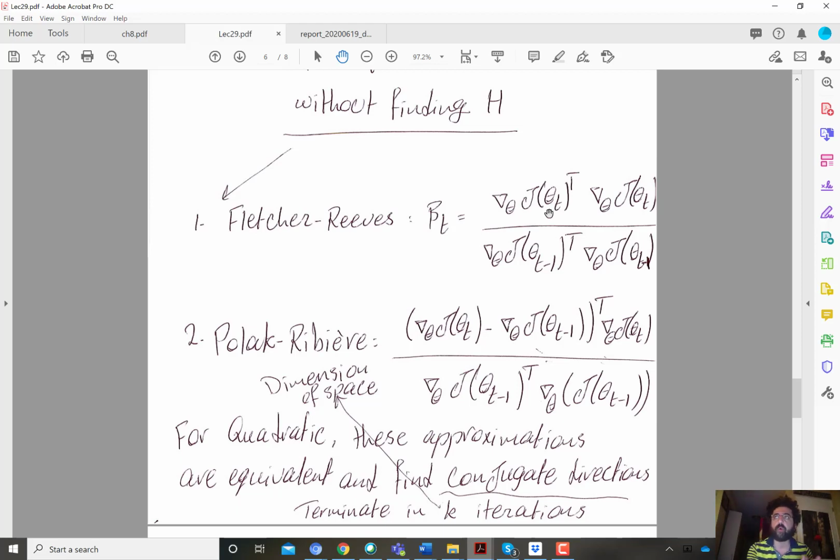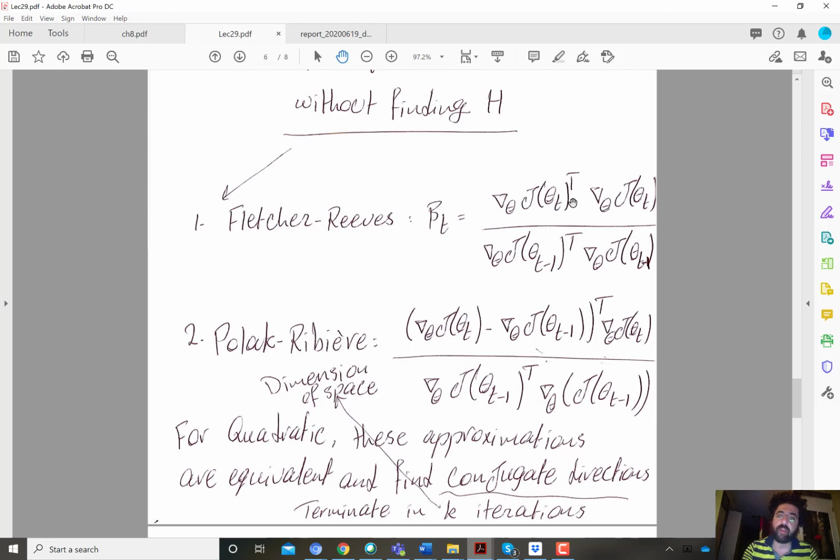So theta t is the point that I stop at after the line search in iteration t minus 1, the starting point for iteration t. So this is the new direction dt, the new direction that would have been the new direction with steepest descent. And this is the old gradient, right? Which would have been dt minus 1 if I'm using steepest descent. So basically I'm normalizing.